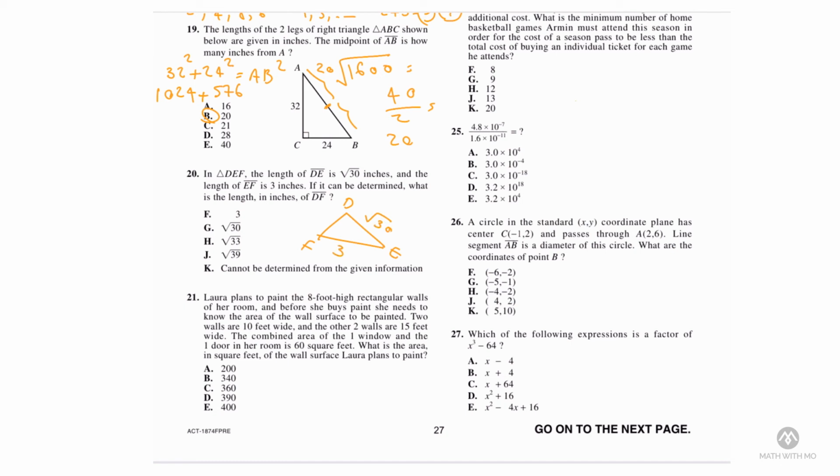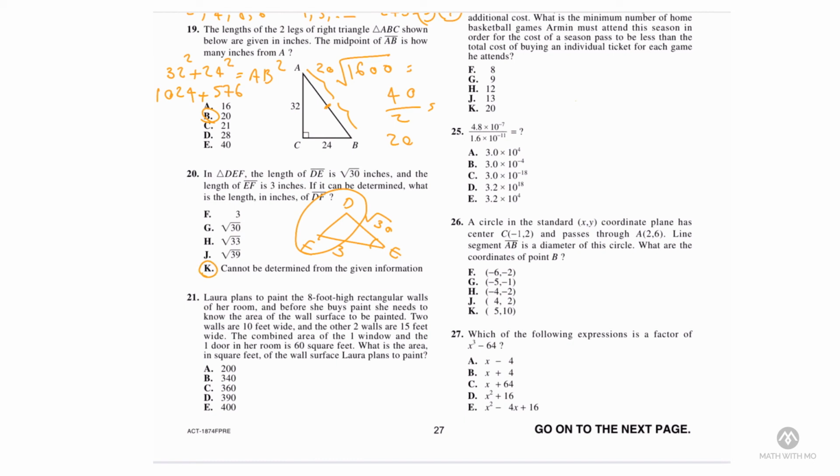If we had this angle, we could find DF using the cosine law. If it said it was a right triangle, then we could find DF. But because we just have two lengths, we cannot determine the third side.